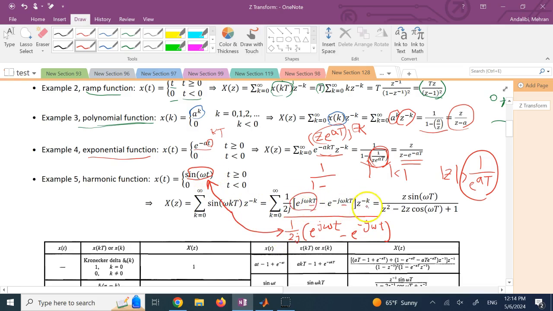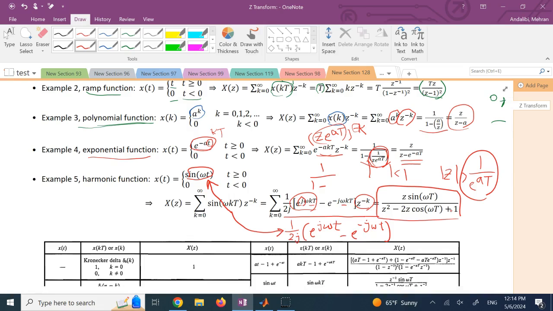And now each one of these terms, when multiplied by z to the negative k, are the same as the previous one. Because the previous one is an exponential, and each one of them is now an exponential, except the exponential has an extra j in it. Okay, so you do it for each one of them, and you simplify, and the j will go away. You get z sine omega t over z squared minus 2z cosine omega t plus 1. Okay, so that is the z transform for the sine function.